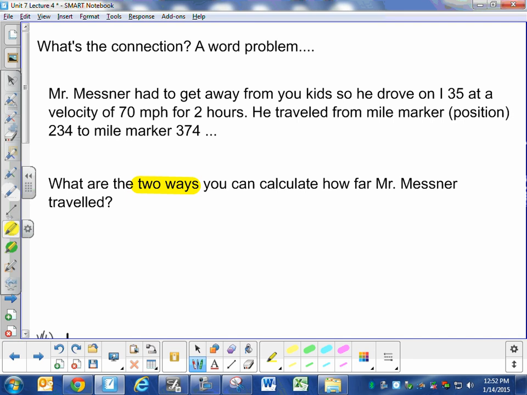The connection is in that there are two ways to do this. What's one way to find out how far I traveled?